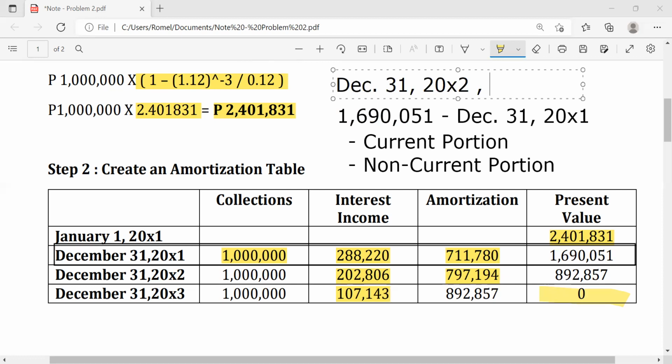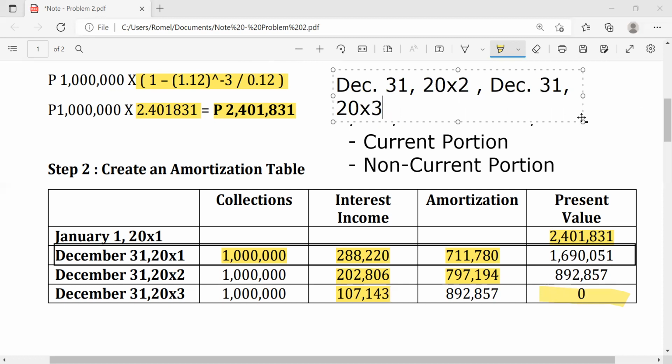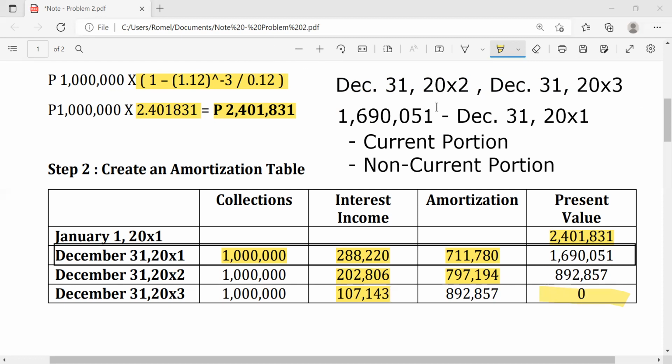Meron namang part na due December 31, 20x3 pa. So may part siya na current. Ano yung current portion? Yung magiging due sa December 31, 20x2. And then the non-current portion naman is yung magiging due sa December 31, 20x3 pa. So the question is, how much is the current portion? How much is the non-current portion?